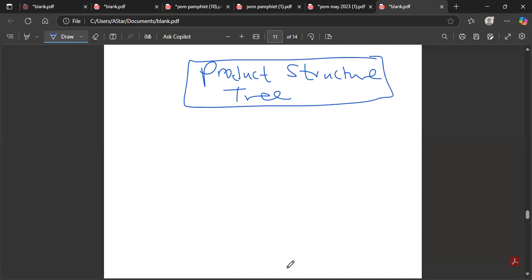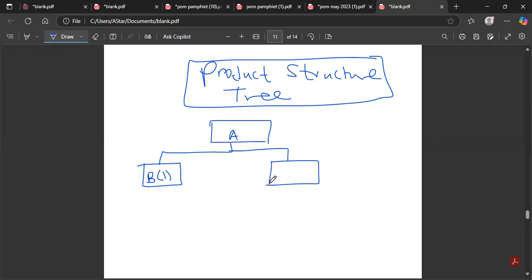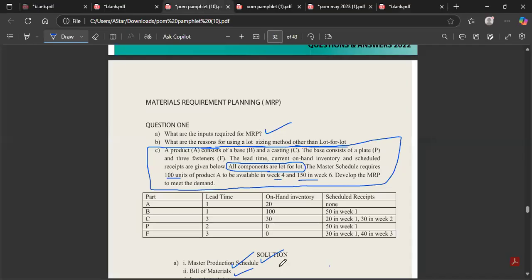The product A consists of a base, B1, and a casting. Are people with me so far? Yes. So product A consists of a base and a casting.